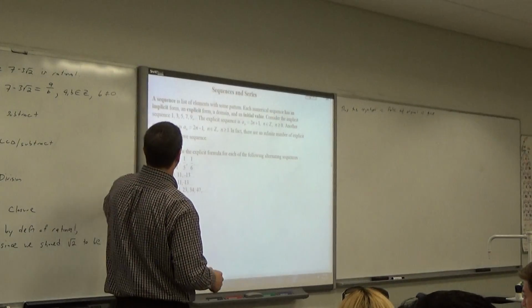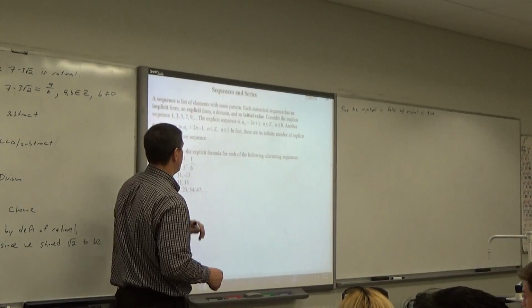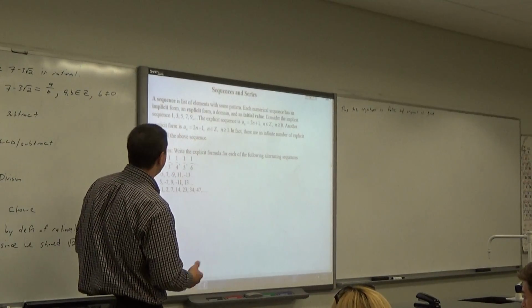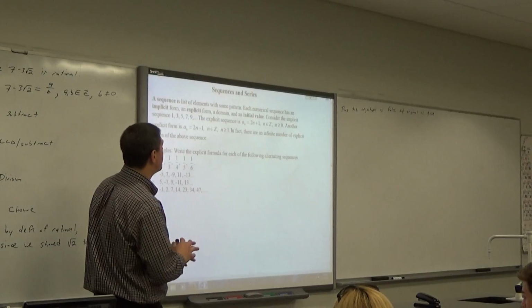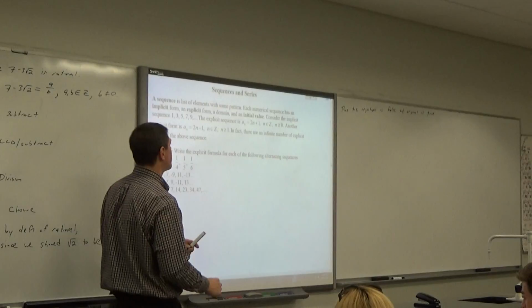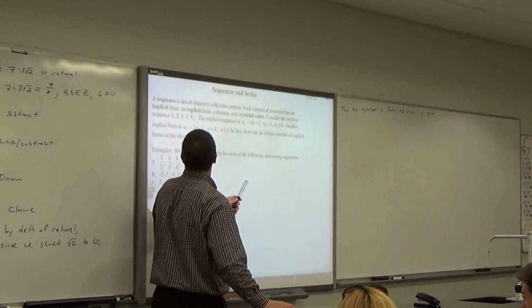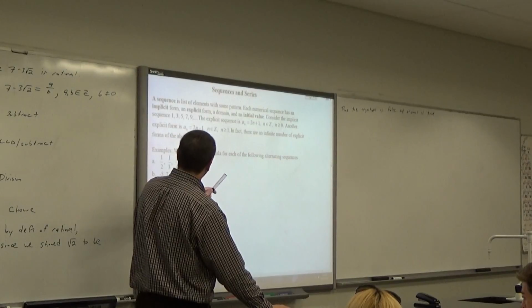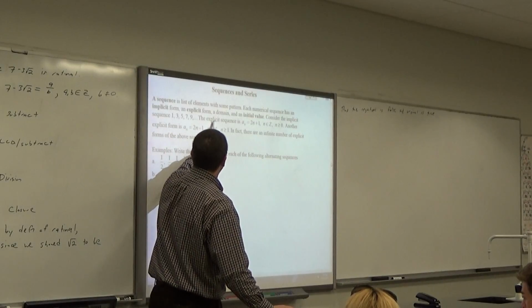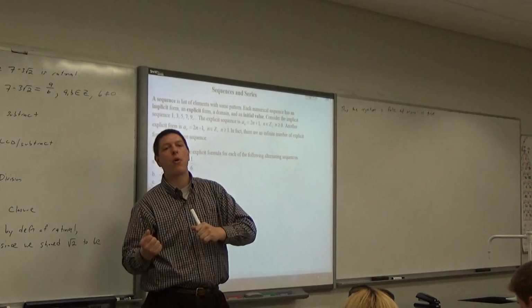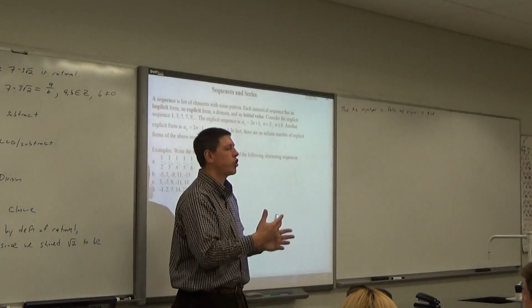There's first of all something called an implicit form and an explicit form, and then there's a domain and an initial value. So every time you have a sequence, there should be four things going on. The explicit form is basically where you can plug in a number and get a number out. It's almost like the functional form.